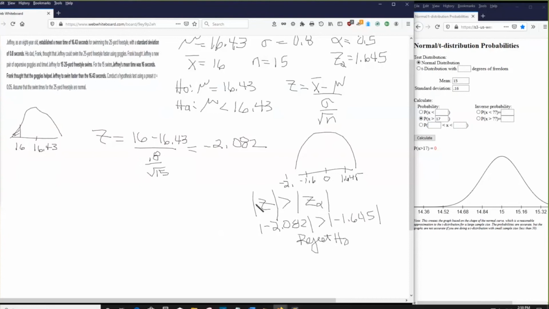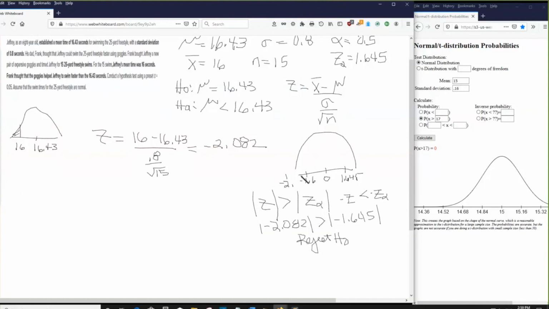Or when you have a negative z, you can also switch this greater than or equal sign, because whenever you multiply by a negative and you have inequalities, the inequality flips. But I think it might be easier if you just remember to use the absolute value, then you can keep this in the same direction each time.